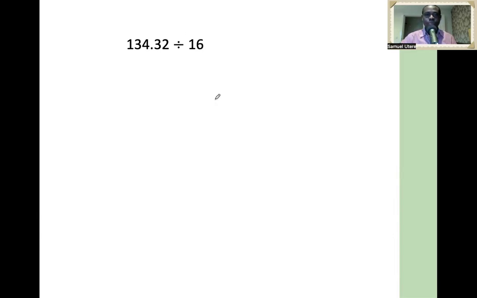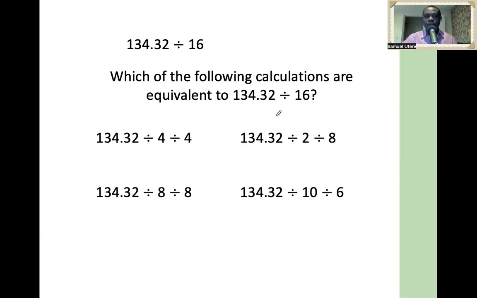I want you to look at these calculations and see which of the following are equivalent to this, because we're going to be using exactly the same method we used when we did integer division involving 2-digit numbers. So take a look and have a think.